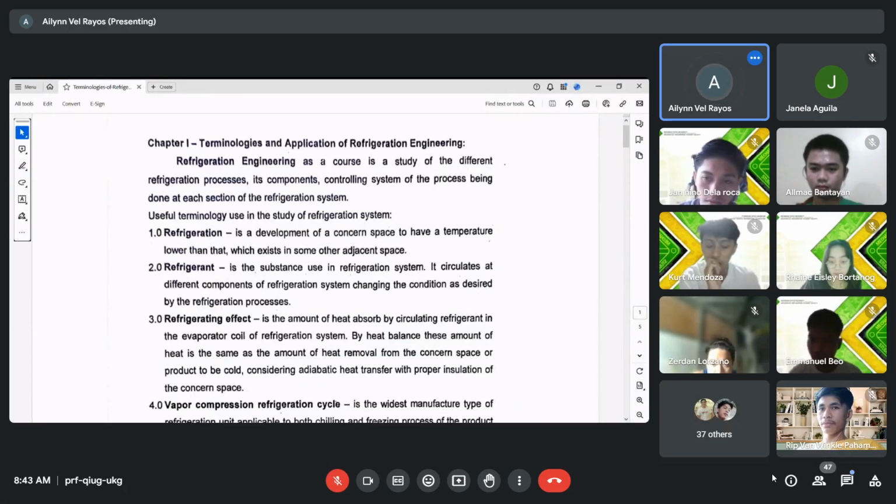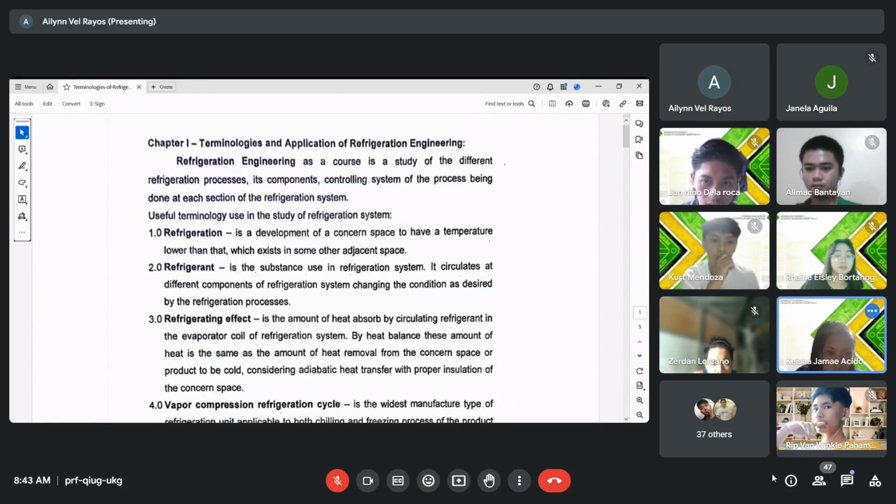Number 1. Refrigeration. Refrigeration is a development of a concerned space to have a temperature lower than that which exists in some other adjacent space.